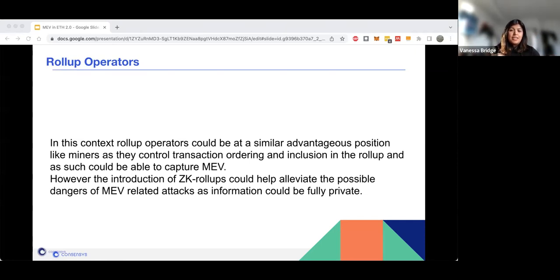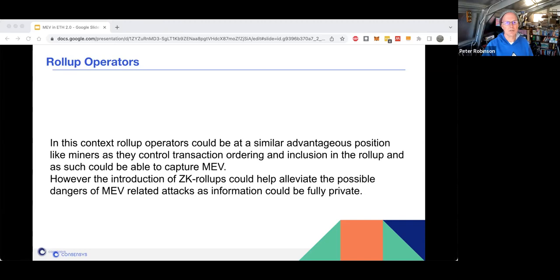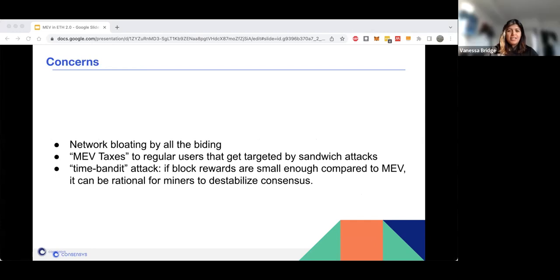So in that case, yes, the operator would be able to see the contents of the transactions while everybody else, it's still private. But there is a thought of having a scheme where it's all private, including to the operator. Okay, that makes sense. Yeah, cool, thanks. So next slide.